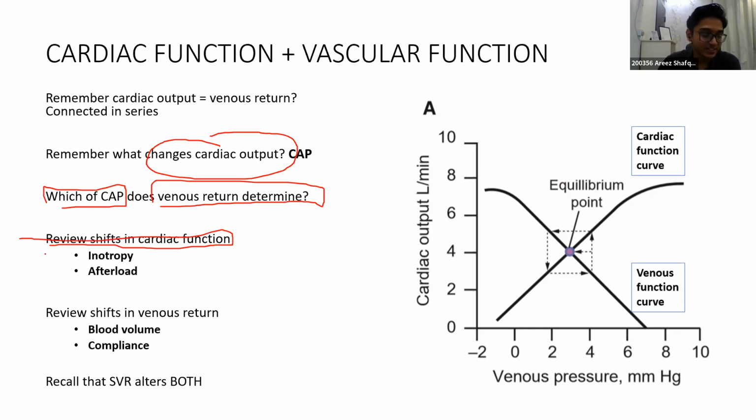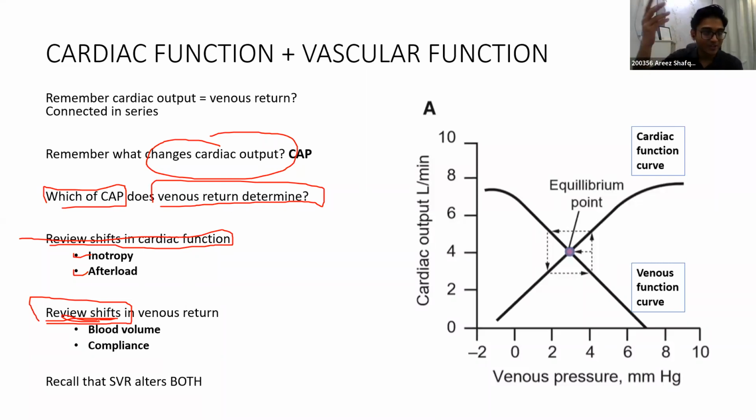Review of shifts in the cardiac function curve. Shifts in the cardiac function curve are due to changes in inotropy, contractility, or changes in afterload, vasoconstriction, vasodilation. If there's increased inotropy or decreased afterload, the curve shifts up. If there's decreased inotropy or an increase in afterload, the curve will shift down. Okay. Review of shifts in venous return. Shifts in venous return mean changing PSF.